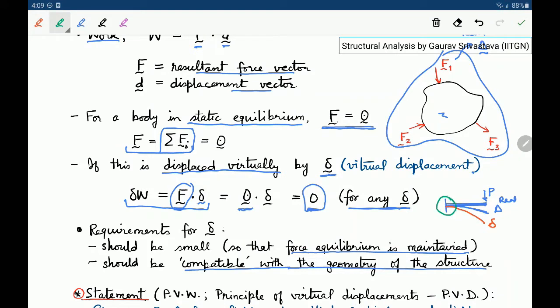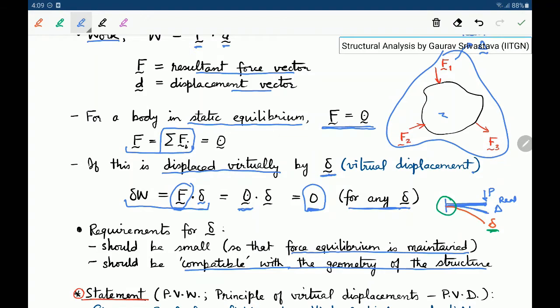At the support, where geometrically the beam is required to remain stationary, with zero deflection and zero slope, this virtual displacement field has to necessarily respect that. So we cannot choose any virtual displacement. The virtual displacement should be compatible with the geometry or the end conditions of the system.